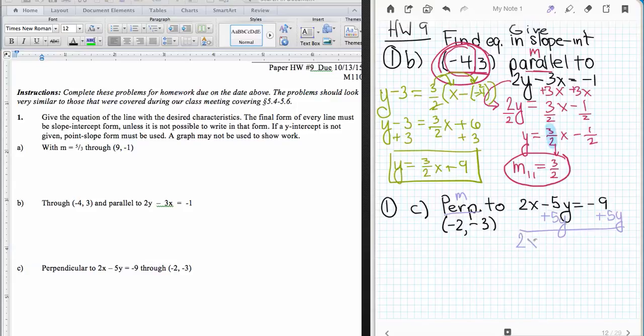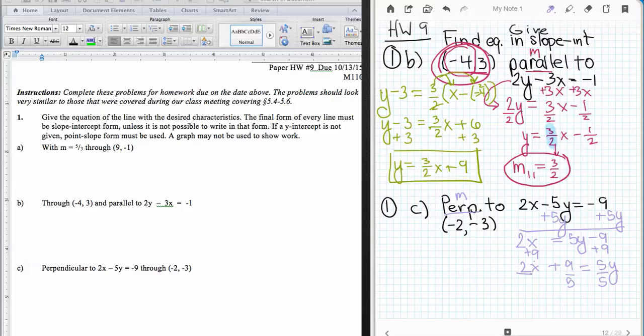So 2x and then is equal to 5y minus 9. And then I'm going to go ahead and add 9 to this side, so add 9. And so now I have 5y is equal to 2x plus 9. And then I need to get rid of the 5, so I'm going to divide everything through by 5.